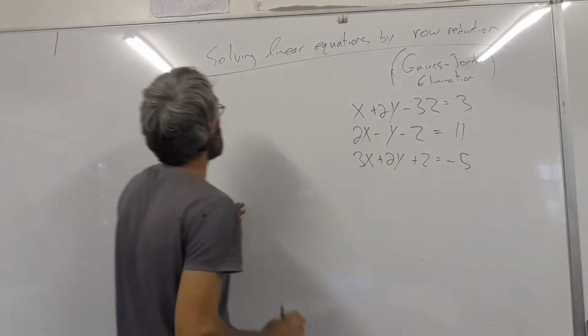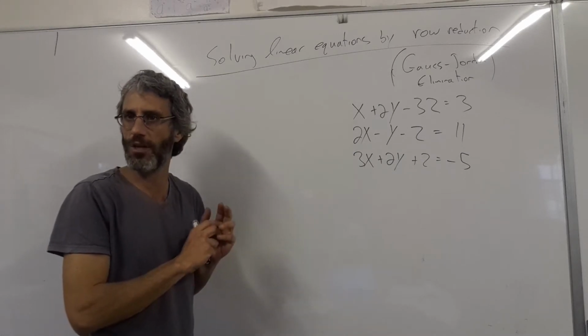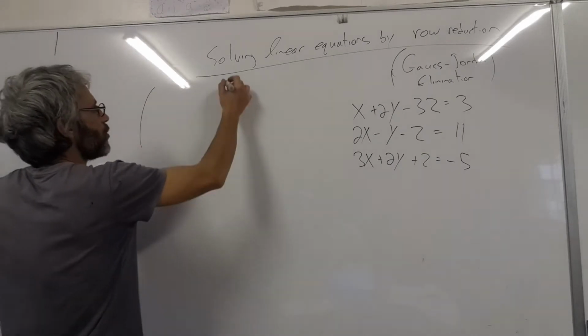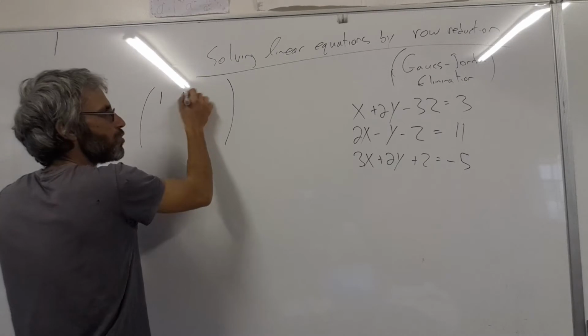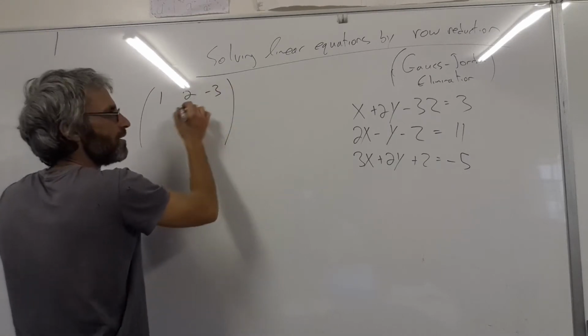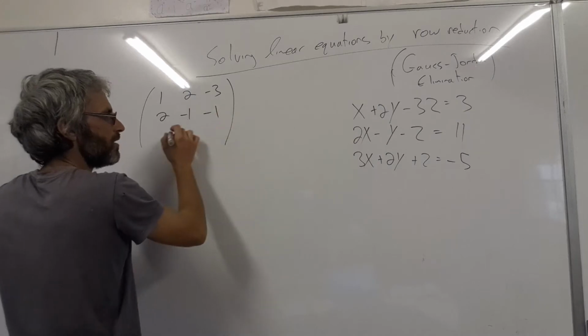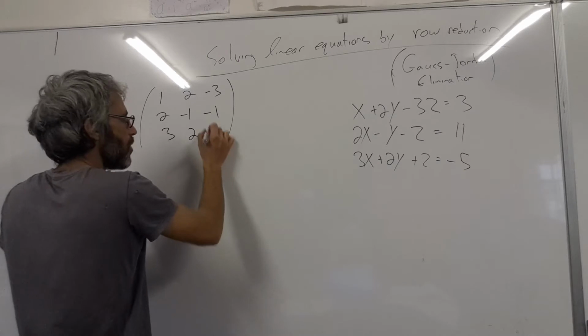What we learned last time is that we need to turn it into a matrix equation. So we're going to have the matrix of coefficients, which in this case is 1, 2, minus 3, 2, minus 1, minus 1, 3, 2, and 1.